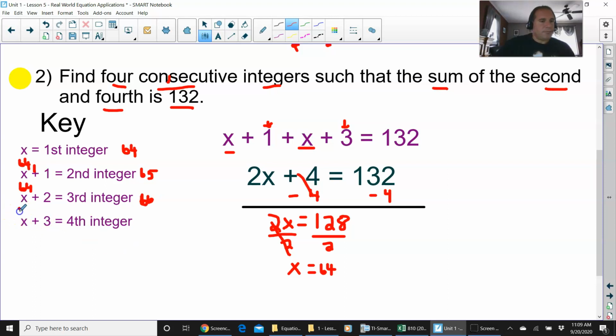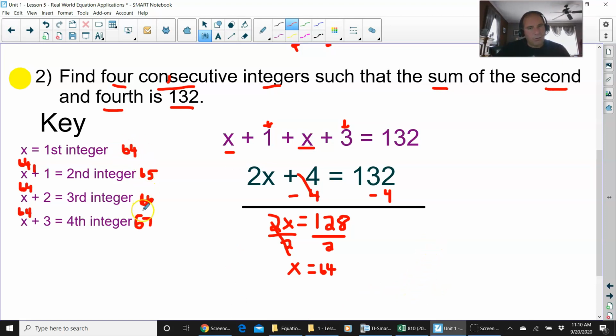And 64 plus 3 is 67. And those are four consecutive integers that the sum, hopefully, is 132.